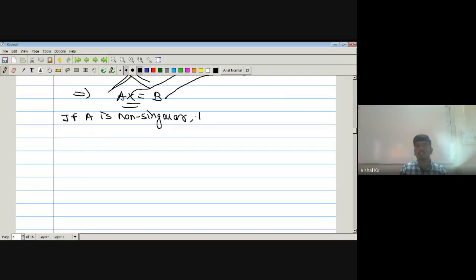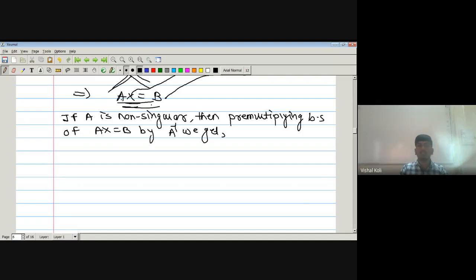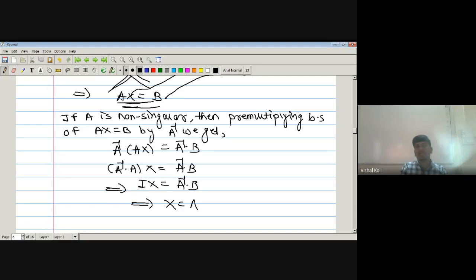Then, pre-multiplying both sides of AX equal to B by A inverse, we get A inverse into AX equal to A inverse into B. Matrix multiplication is associative, therefore this is A inverse A into X equal to A inverse B, and A inverse A is I, so IX equals A inverse B, which implies X equals A inverse B.